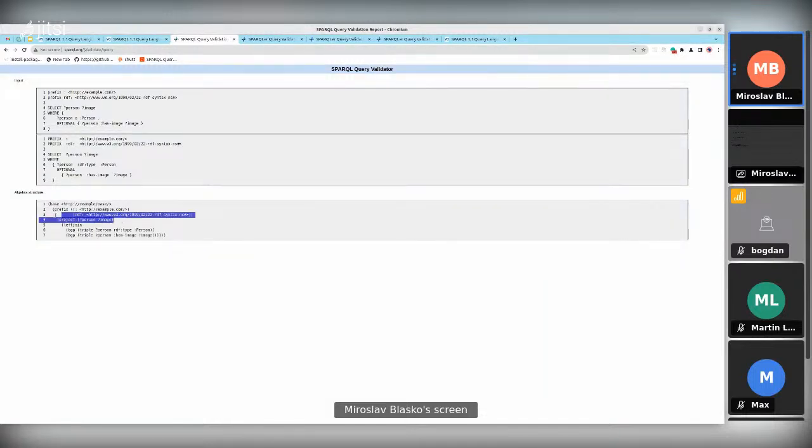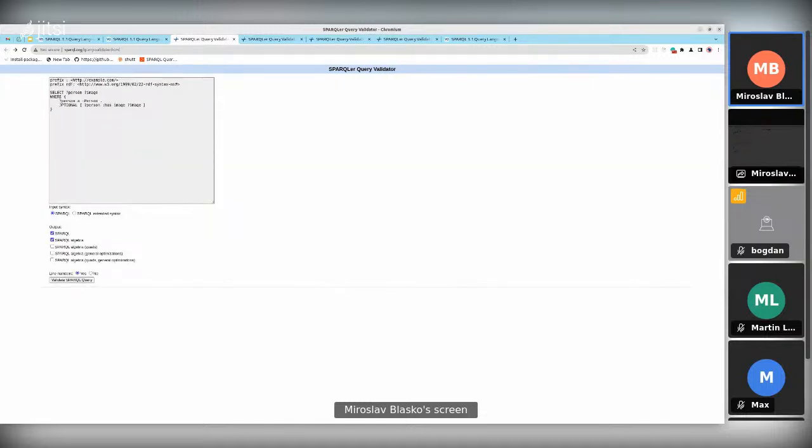I was not talking about this project operator, which just takes its projection, and those other operators that are important for prefixes and stuff like that. So this is how you can play with it.